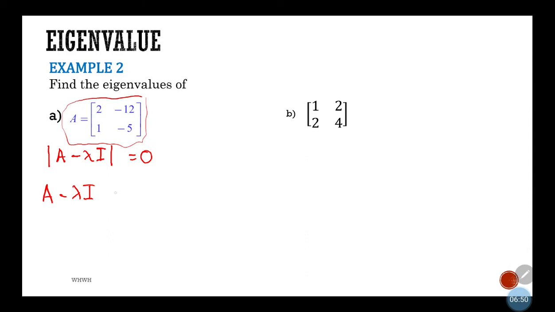Our matrix A is 2, negative 12, 1, negative 5.